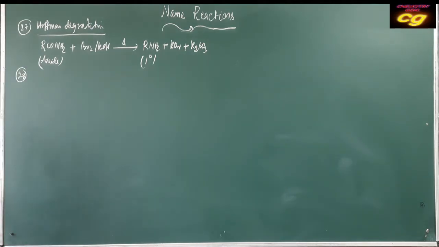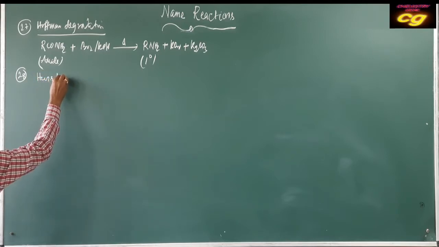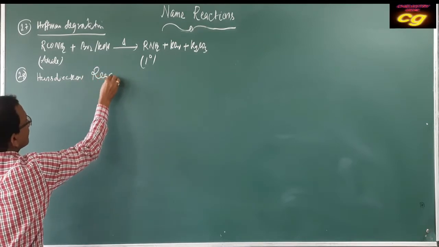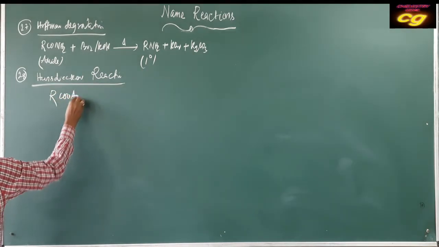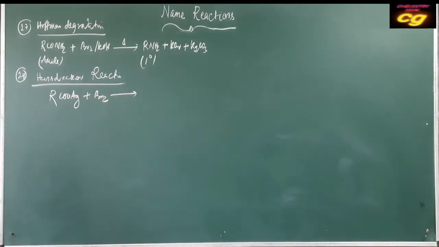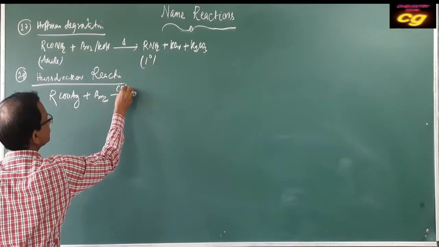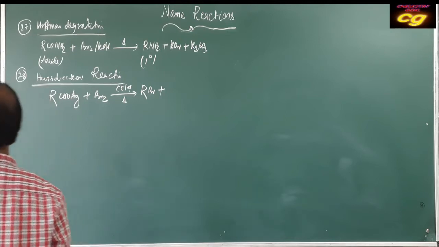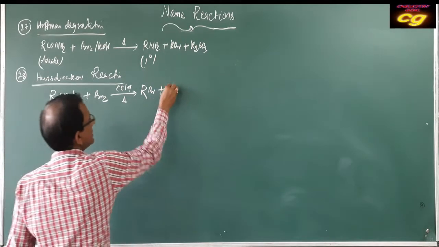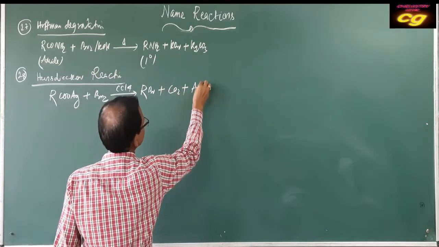Then Hunsdiecker reaction. Here a silver salt, when treated with bromine in presence of carbon tetrachloride on heating, produces RBr, that is a bromo compound, then carbon dioxide and AgBr.